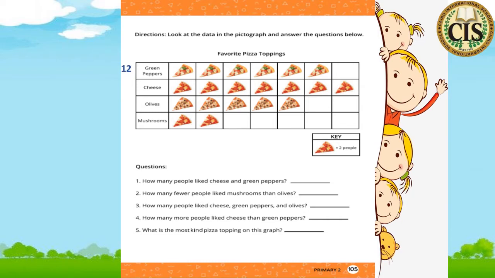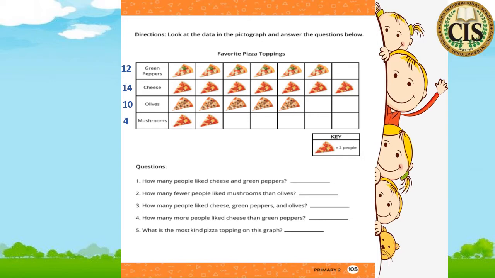The number of people who like pizza with cheese: 2, 4, 6, 8, 10, 12, 14. So we will write 14. The number of people who like pizza with olives: 2, 4, 6, 8, 10. The number of people who like pizza with mushrooms: 2, 4. So we will write 4.